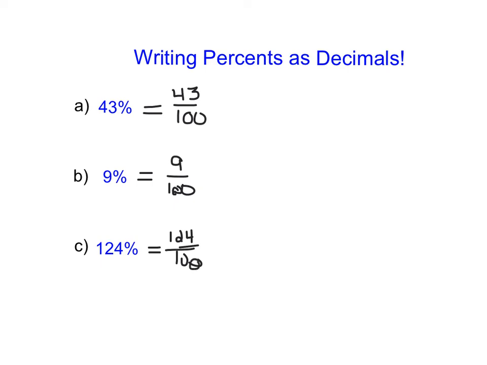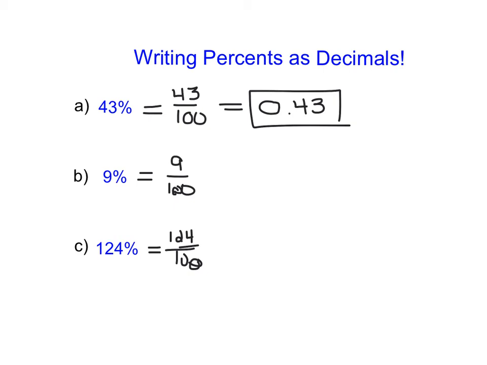Now from here we can use our calculator to help us out. Instead of trying to figure these out in our head, if we take our calculator and do 43 divided by 100, you'll notice that you get the decimal 0.43. So now you have your decimal form of that percent.